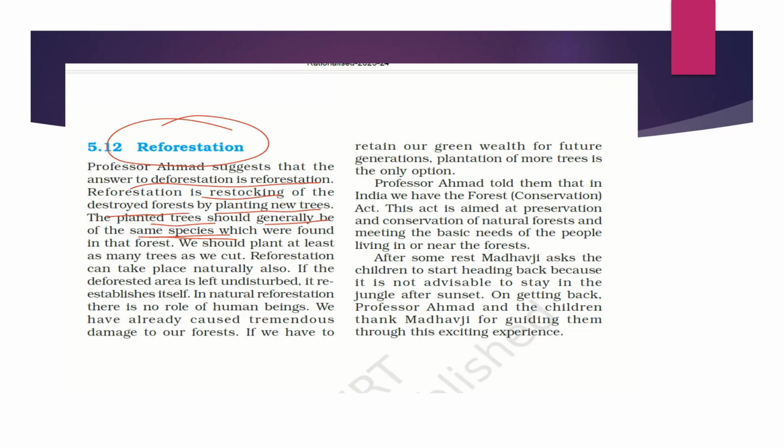Gradually reforestation is happening, and if a reforested area is left undisturbed, it re-establishes itself. Okay, so in natural reforestation there is no role of human beings. We have already caused tremendous damage to our environment. Now if we have to retain our green wealth for future generations, plantation of trees is very important.